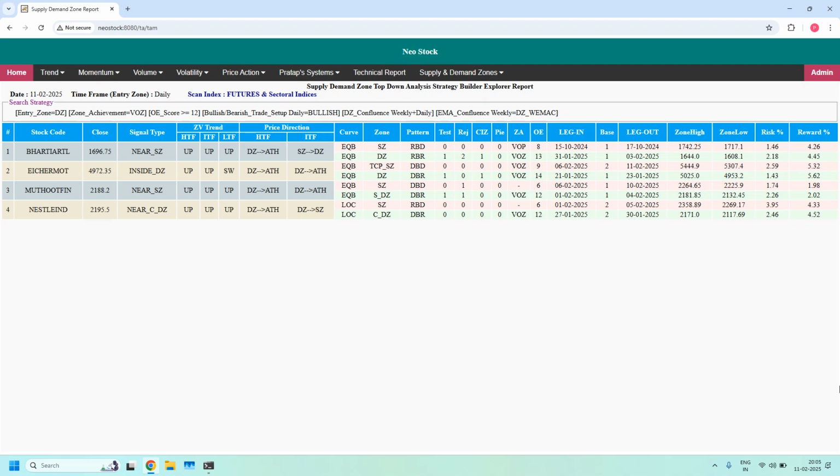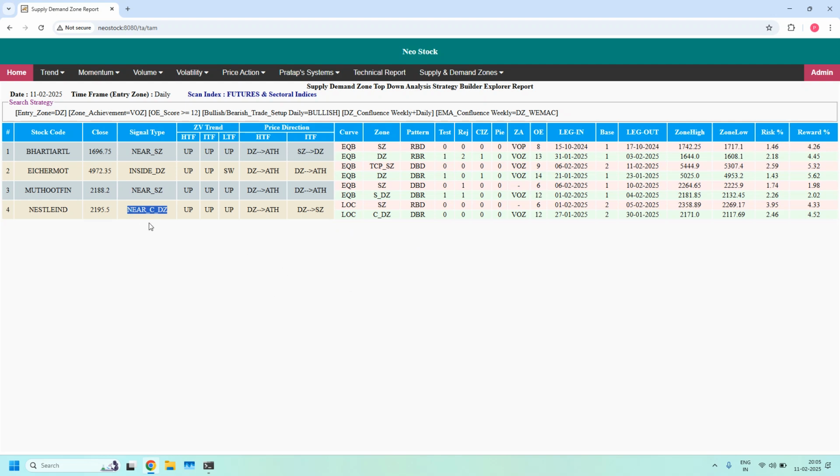These 4 stocks are currently supporting bullish trade setup for monthly income trader. Did you notice here? Nestle is near high liquidity zone and it is supporting bullish trade setup currently for monthly income trade.